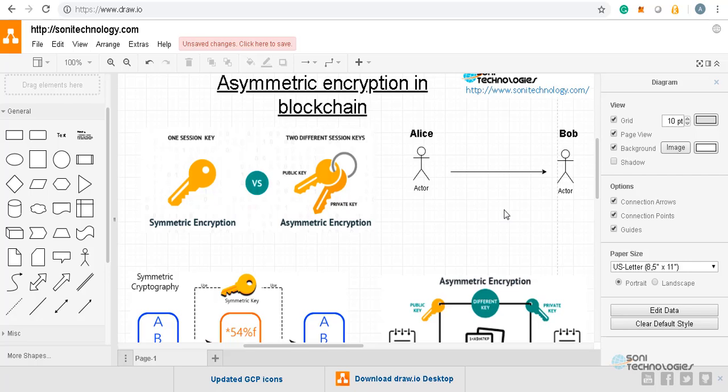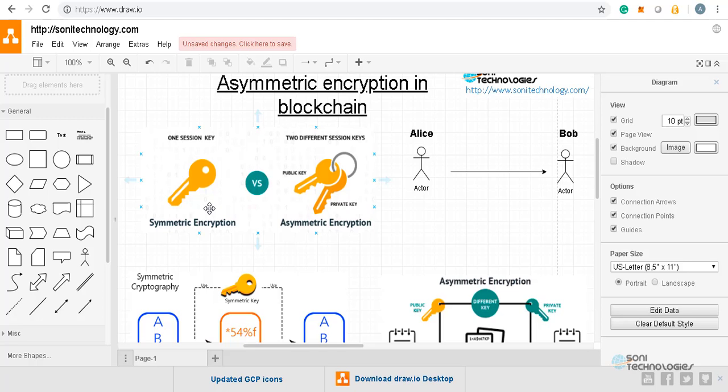Both keys work in two encryption systems: symmetric and asymmetric. So we'll first start with what is symmetric encryption. Symmetric encryption is also called private key encryption or secret key encryption. It utilizes the same key, called the private key, for both encryption and decryption.